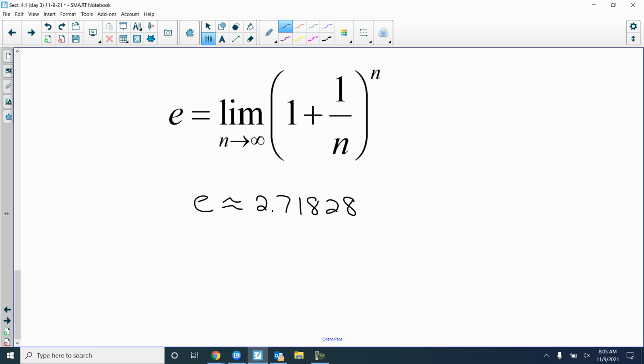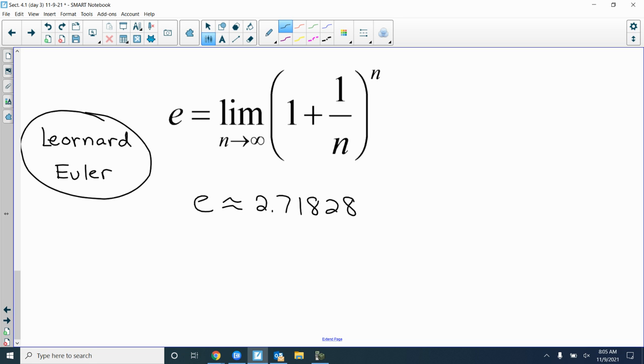It is like the number pi. It is irrational. It means it never repeats and it never terminates. Okay, and it is named after Leonhard Euler, who spelled his name Euler. Pretty smart guy. What was he, 1700s?